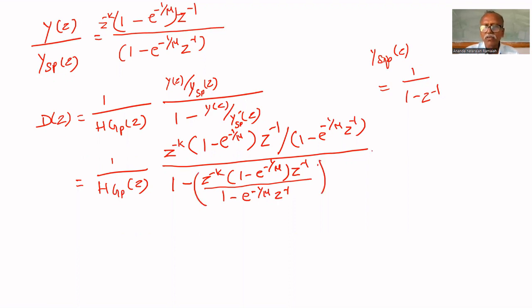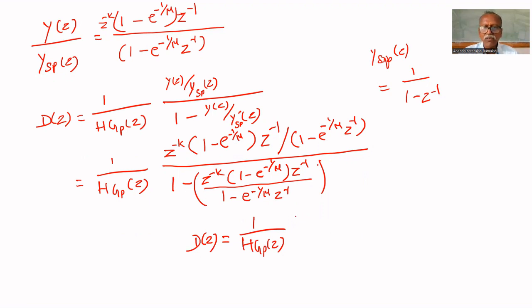If you take LCM, you will get D of z equal to 1 by H Gp of z, with this term instead of 1.